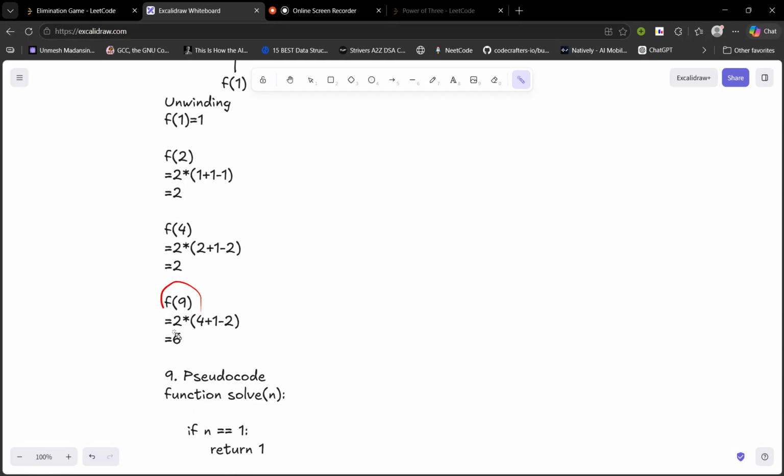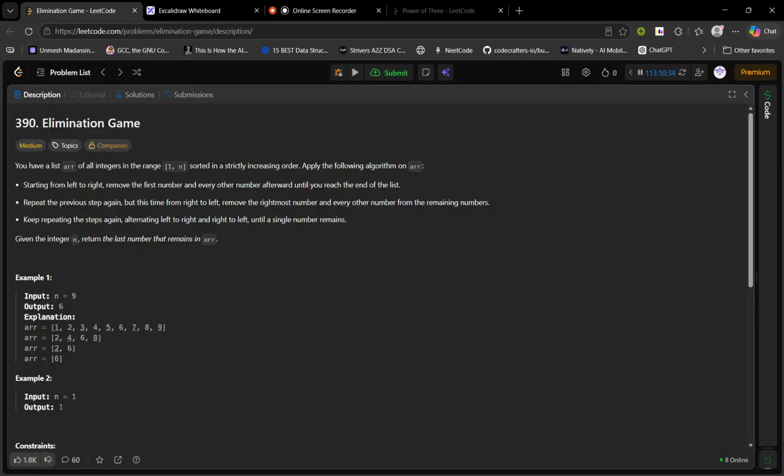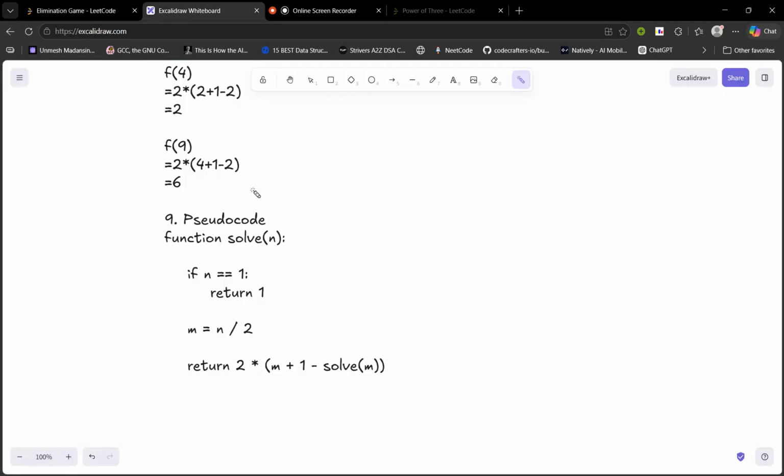And for 9, 2 into n by 2, that is 9 by 2 is 4, plus 1 minus f of n by 2. So f of 4 is 3, and this comes out to be 6. Let us first verify 6. So for 9, the output is 6. So our logic is correct.